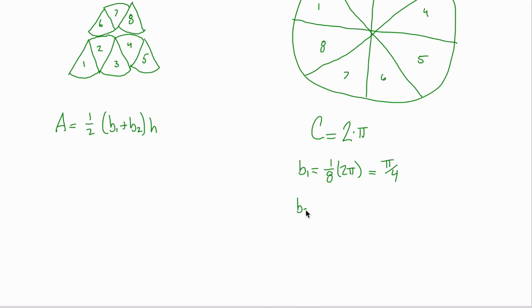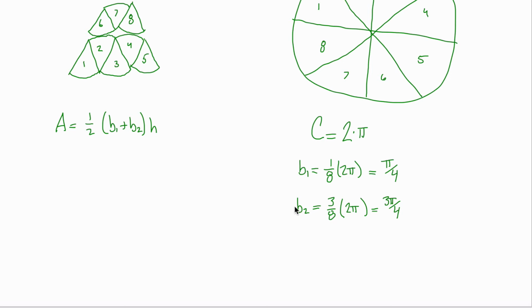And B2 is 3/8, 1, 2, 3 of the way around the circle. So it's 3/8 of 2 pi, which is equal to 6 pi over 8, aka 3 pi over 4.